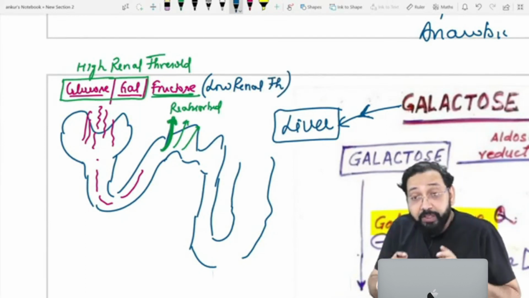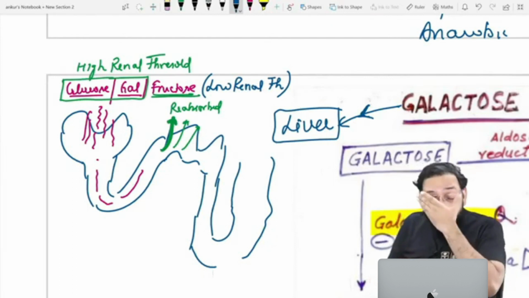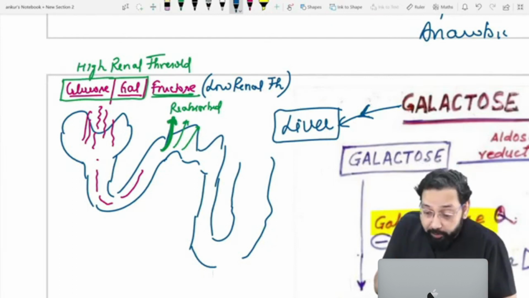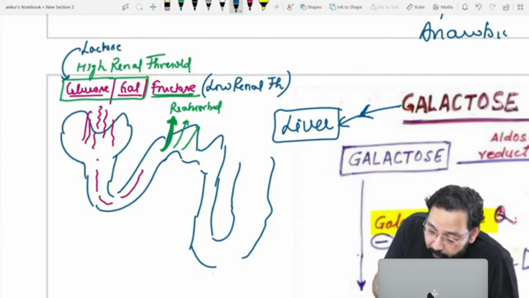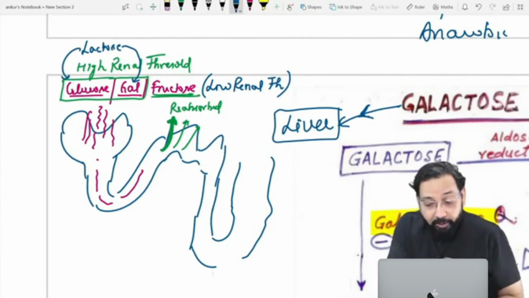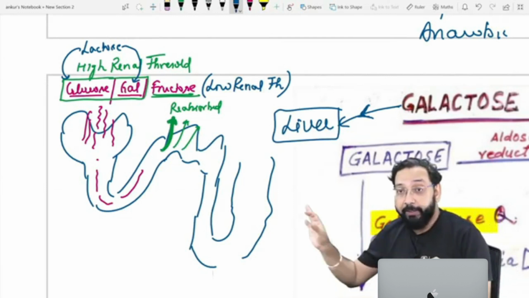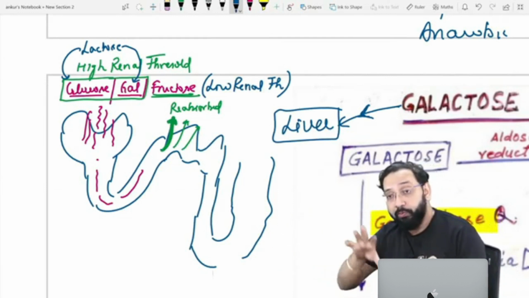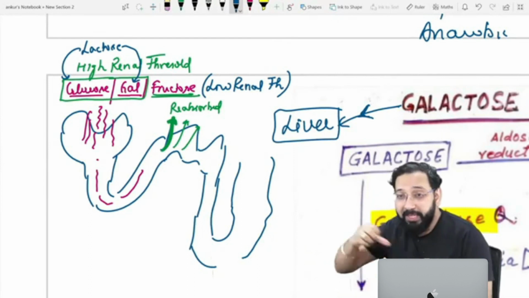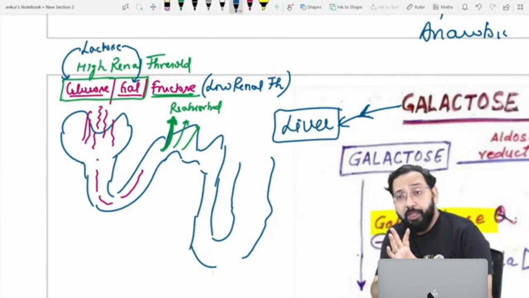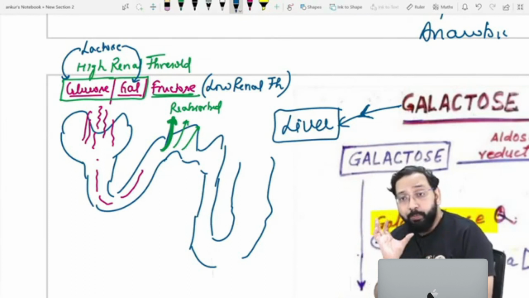Because if a child is born, the main diet is lactose, which is made up of glucose and galactose. That's why nature arranged that most of the glucose and galactose filtered via the glomerulus should be reabsorbed. So nature gave our renal tubule so much power to reabsorb glucose and galactose.